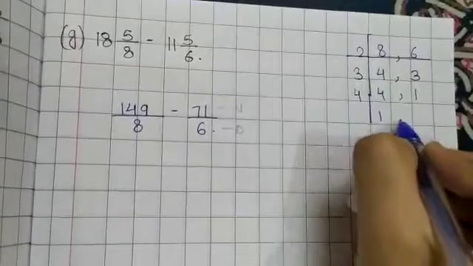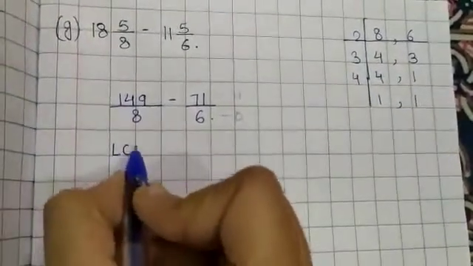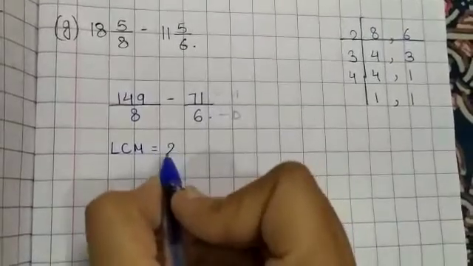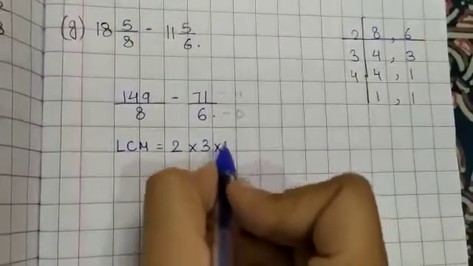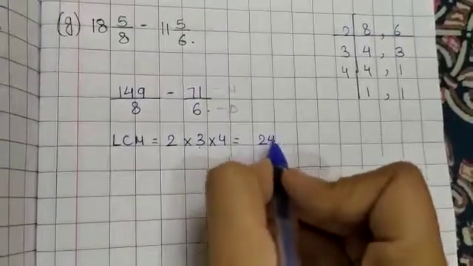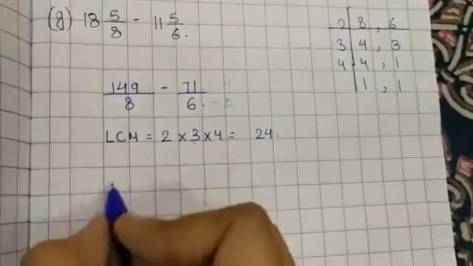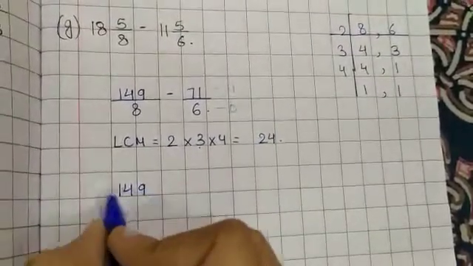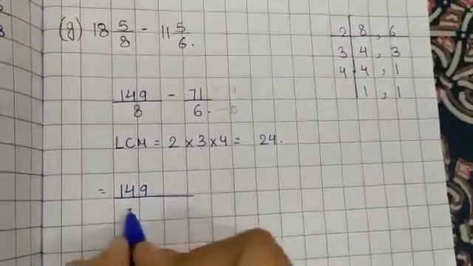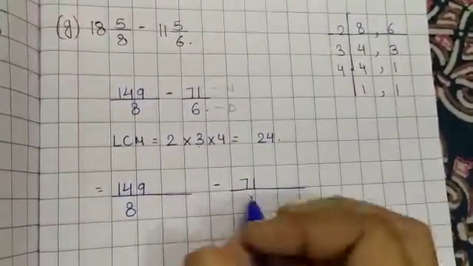Now 4 1s are 4, 1. So LCM is 2 into 3 into 4. So 2 3s are 6 and 6 4s are 24. So LCM is 24. Now 149 upon 8 minus 71 upon 6.